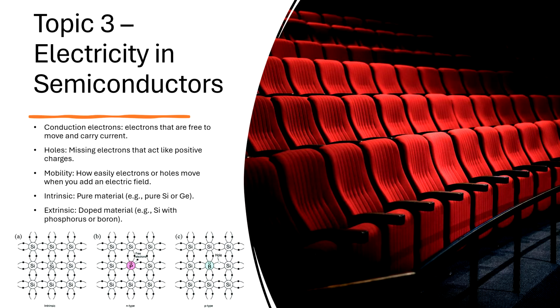If the theater is intrinsic, there aren't that many people, and they have a lot of holes. If it's extrinsic, we let a boatload of people in and fill the holes, and it moves more seats. So this is what's going on at the molecular level of semiconductors, which are metalloids.